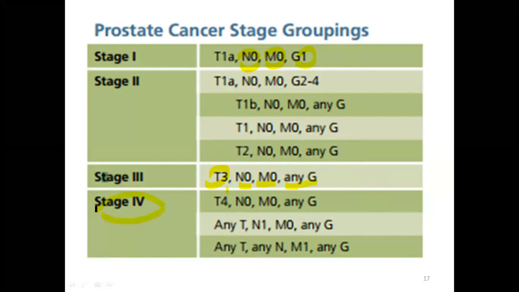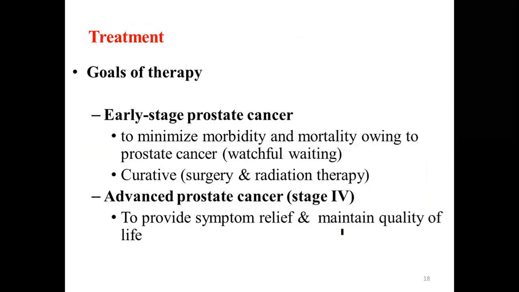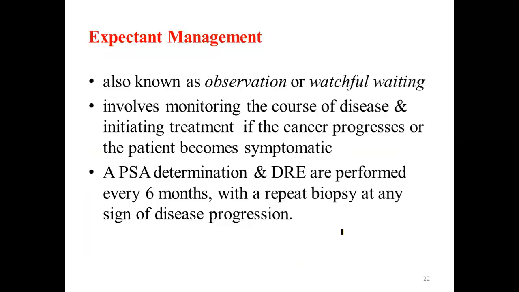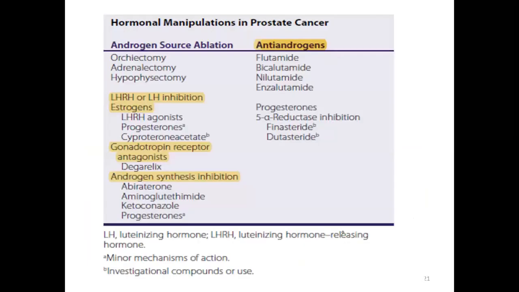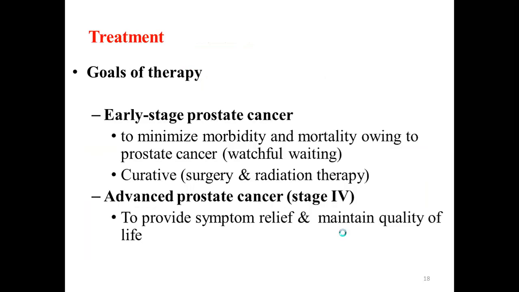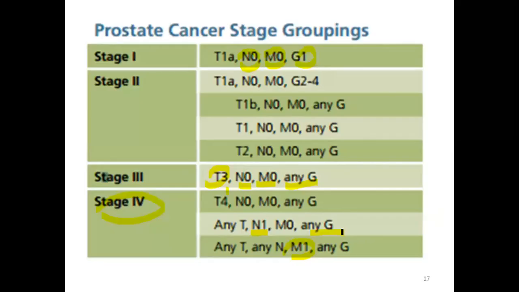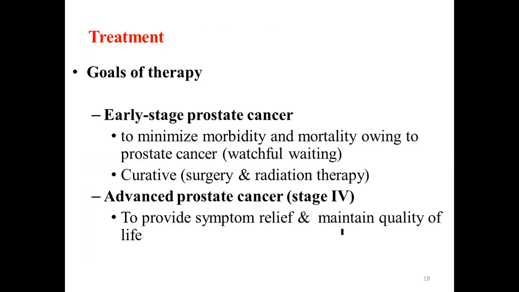Stage 4 is where there is M1, which means distant metastasis. If there is no M1, this could be stage 3 or 4A: any T, N1, M0, or any Gleason score. I have not included this component. I think I included the Gleason score of prostate cancer somewhere, but I don't know where it is.